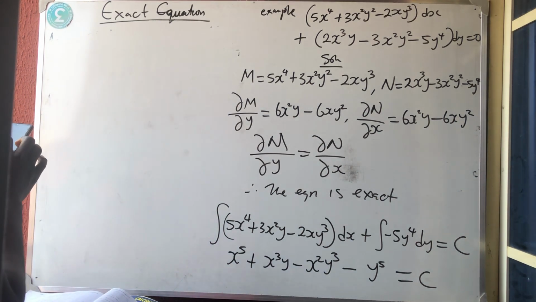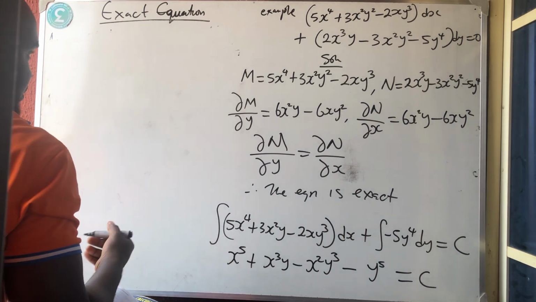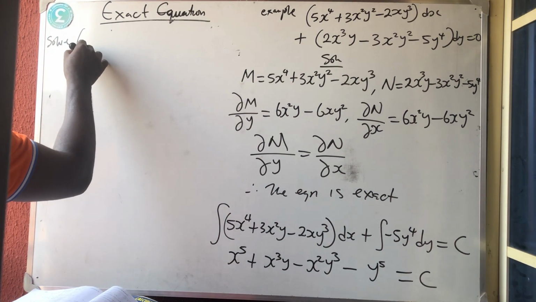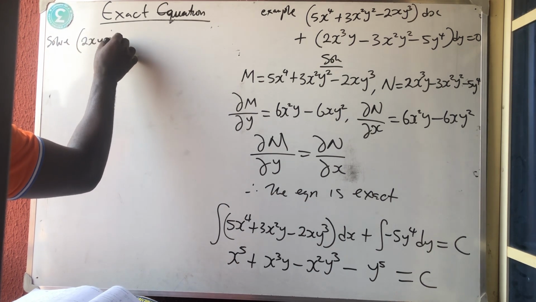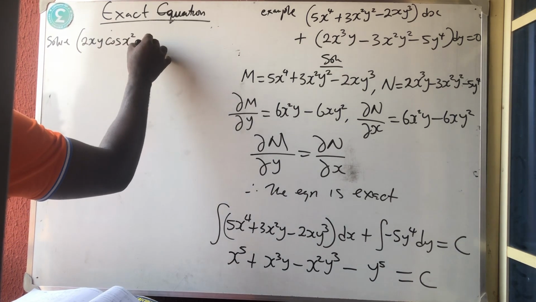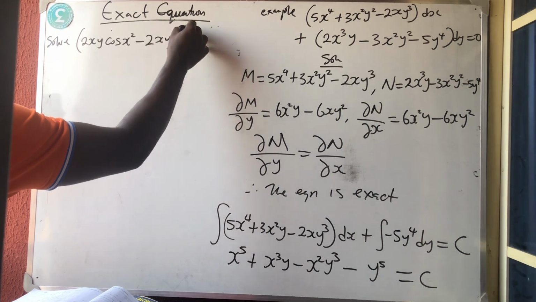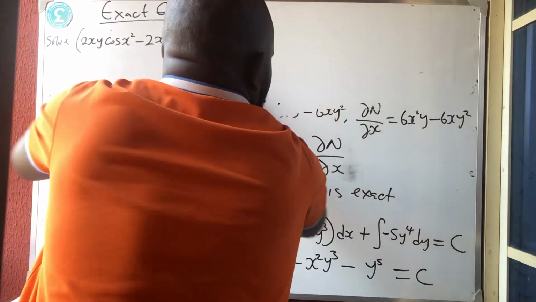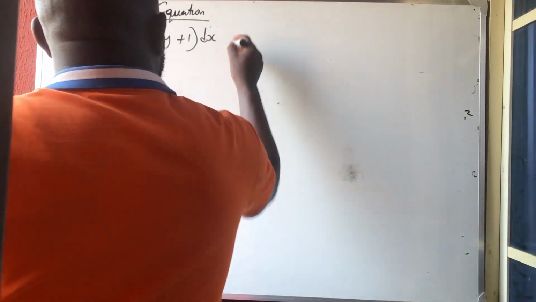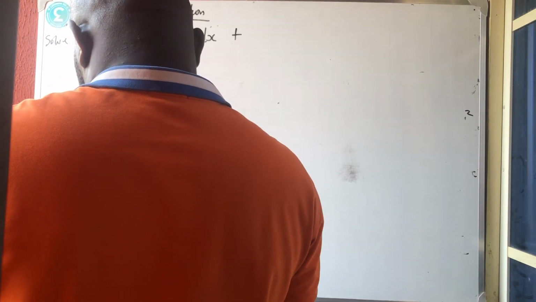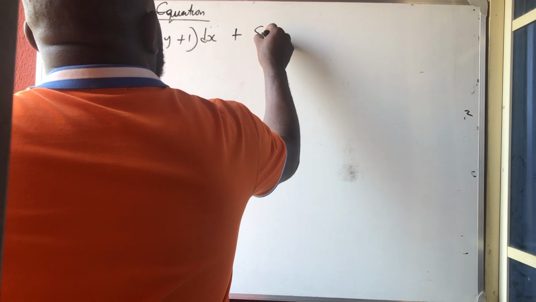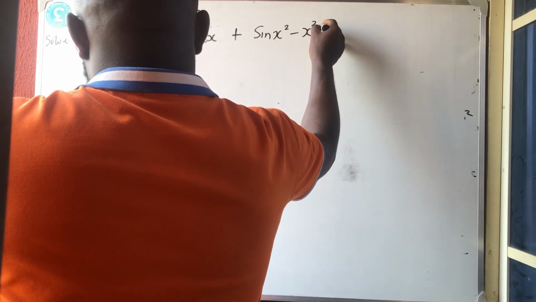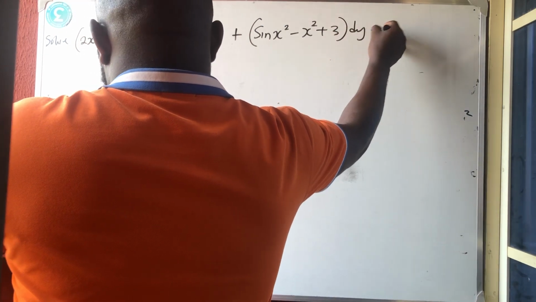Okay, so this one said we should solve 2xy cos x squared minus 2xy plus 1, I'm having the dx, plus sine x squared minus x squared plus 3 dy is equal to 0.